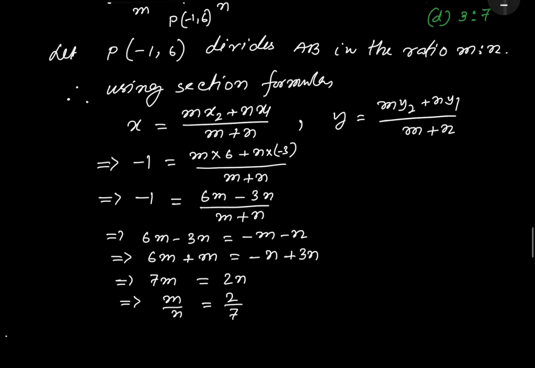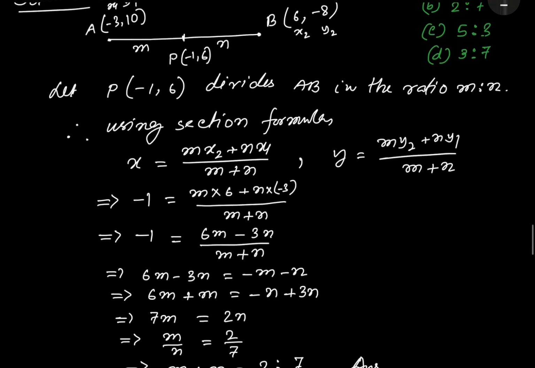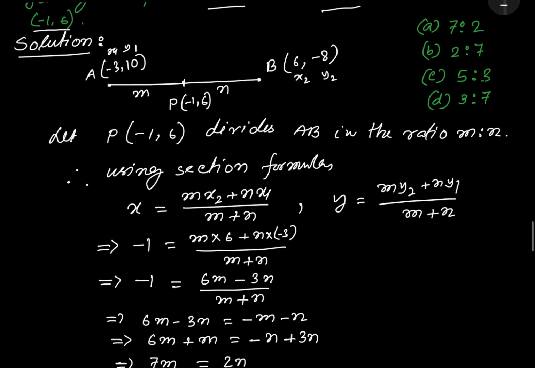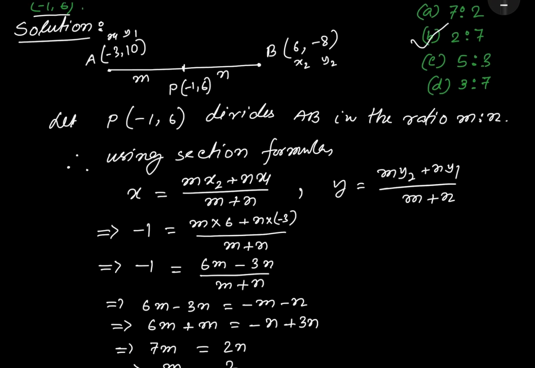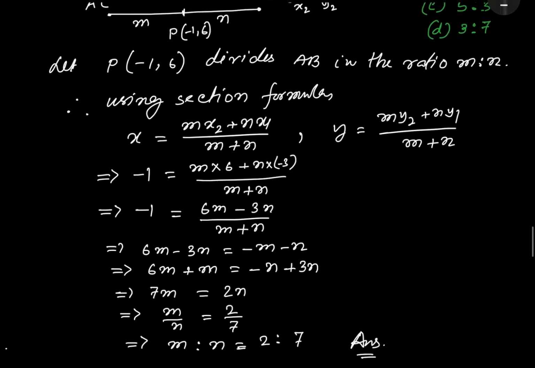So m is to n equals 2 is to 7. This is the answer. So our option will be option number B, this is 2 is to 7. This is the correct option.